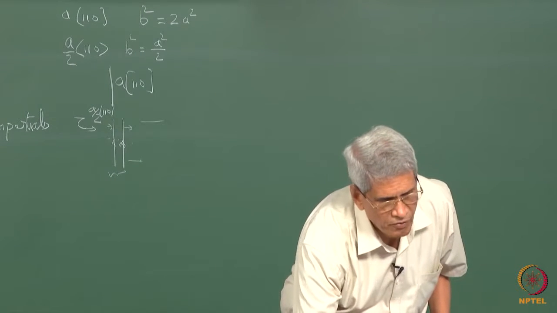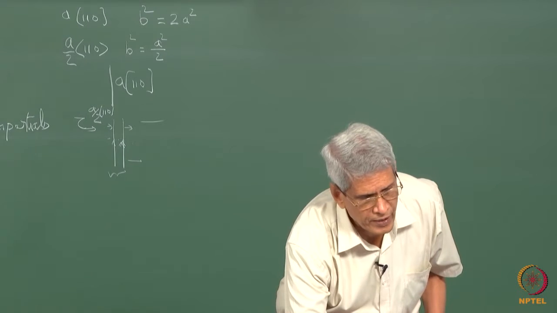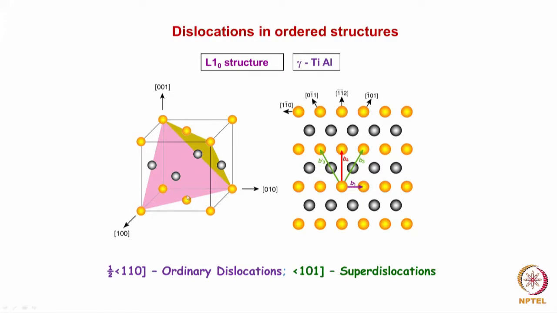When such a stacking sequence is present, let us look at the close packed plane in this one also. If I look at it, okay, this is the way it appears. This structure, for all practical purposes, if you assume that we can't identify which position the atoms occupy, is like an FCC structure. So, this is the close packed plane.